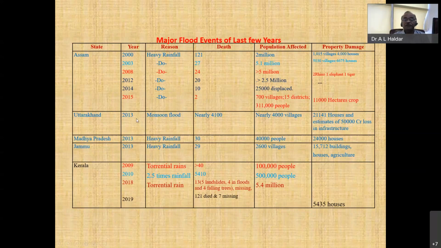In Uttarakhand in 2013, nobody knows exactly because a lot of persons are missing, but so far more than 4,000 people are counted as casualties, and mostly they are still missing. In Kerala, as I told you, in 2018 and 2019, landslides took place, and in 2019 more than 121 persons died, with 7 persons missing at that time.